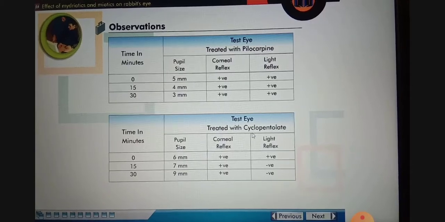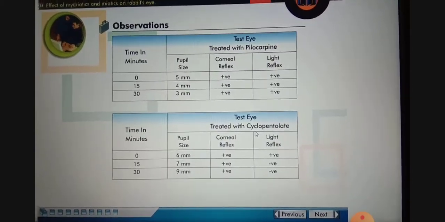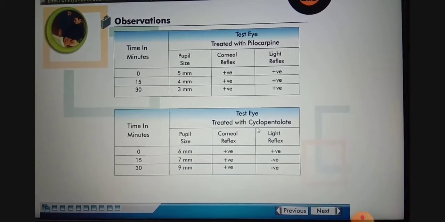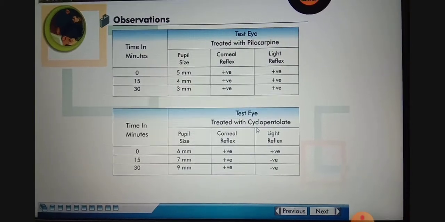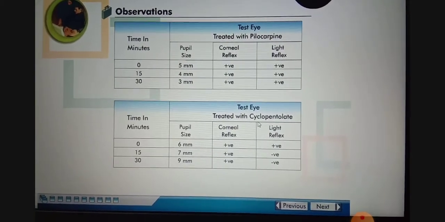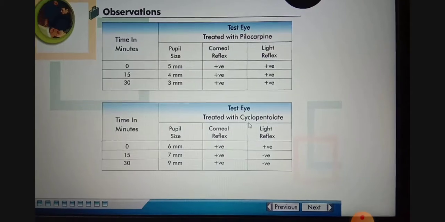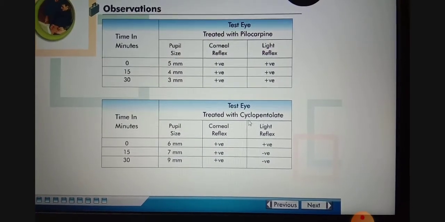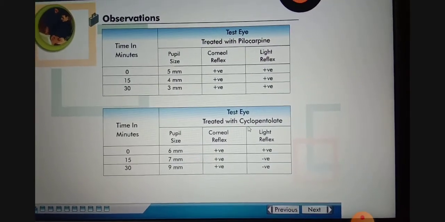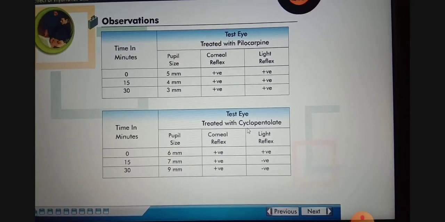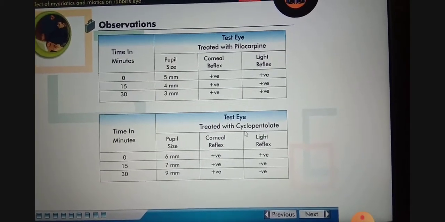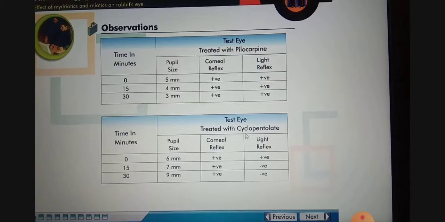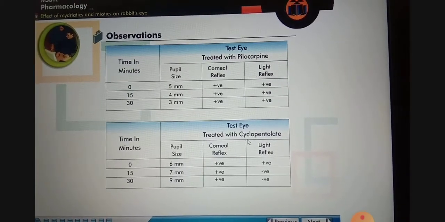Then the observation table for the pilocarpine drug. If you observe the pupil size, it decreases, and it does not affect the corneal or light reflexes. The normal pupil size is 5 mm, and the minimum pupil size we observe here is 3 mm.